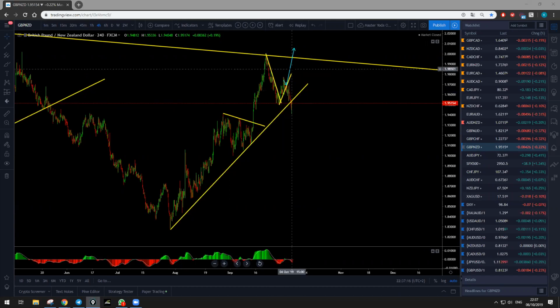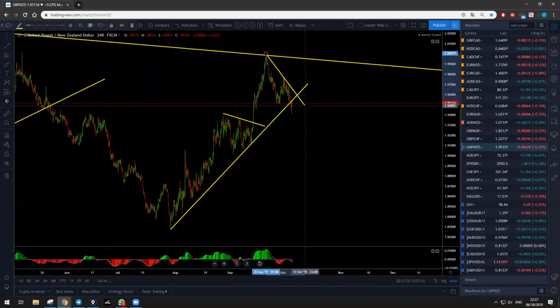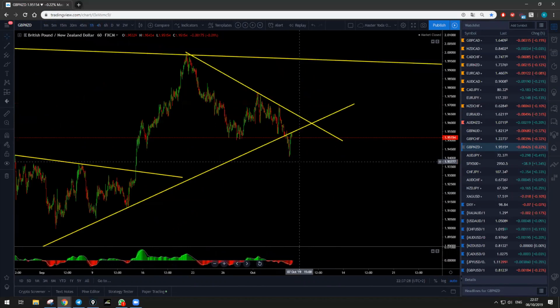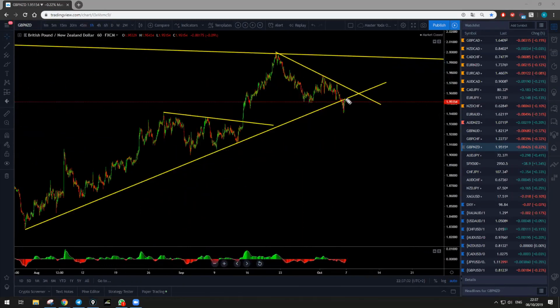It went slightly lower, but that didn't change my view or my pattern. I still expect that the price will go make a new high, and then we will see a complete reversal to the downside. So keep your eyes on the lower time frame, and if you will see that the price will make something like that, you can take a sell. Okay, put your stop loss above that high.